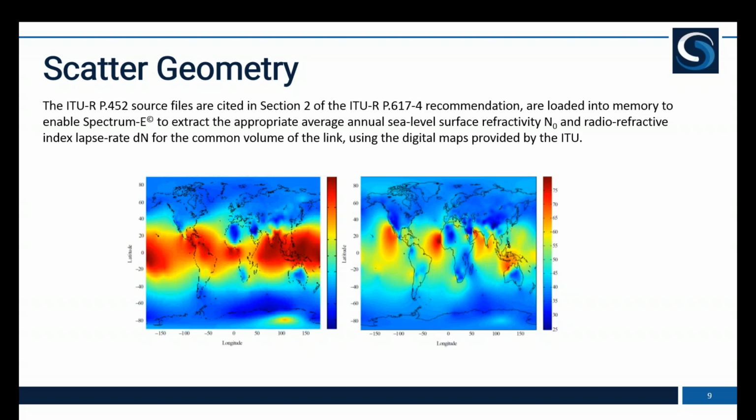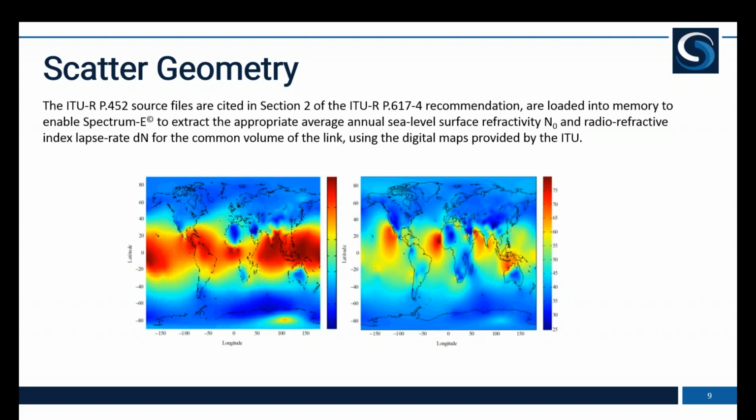It's also very important because in some legacy propagation models or proprietary models used by other software, they usually allow users to input just one value. And that's the value that is used for the whole software. And sometimes it may be used for the whole world. And of course, that would be wrong. As you can see here in the map, depending on the region of the world that you're in, and of course, the length of your link, your values will change.